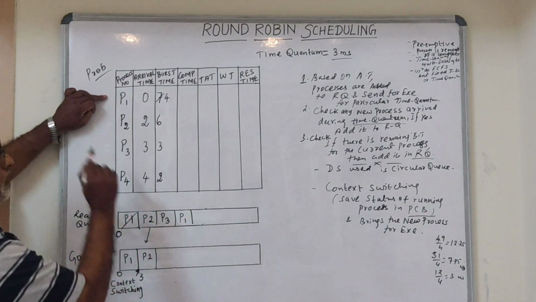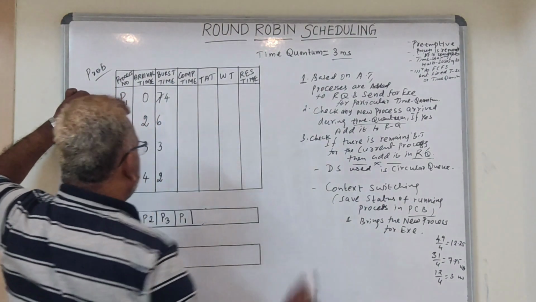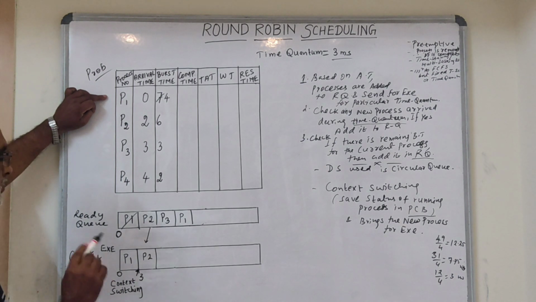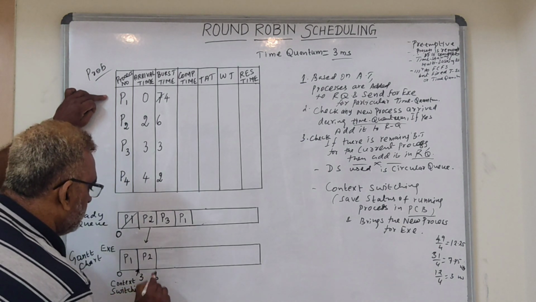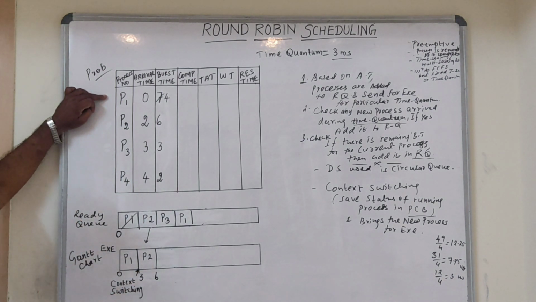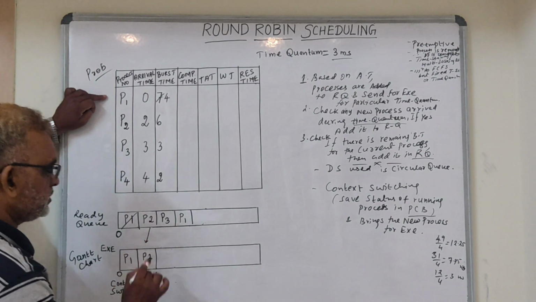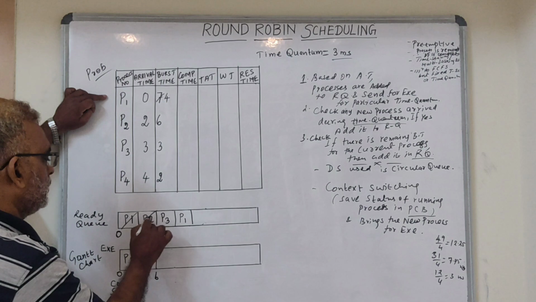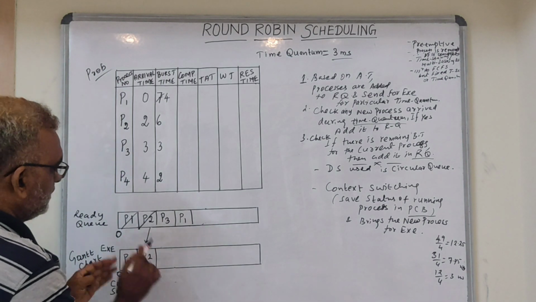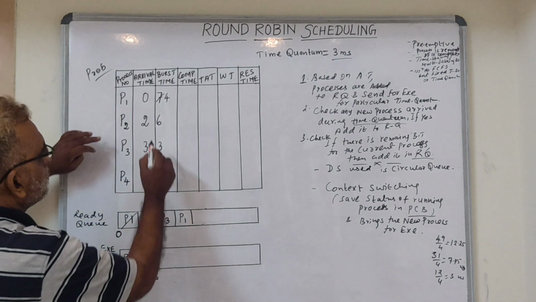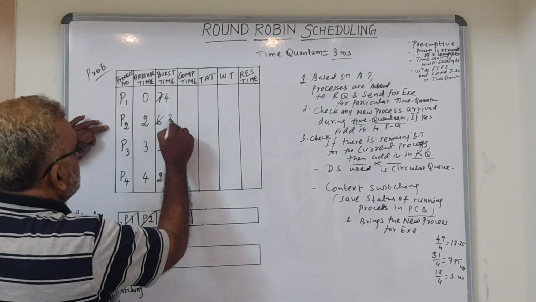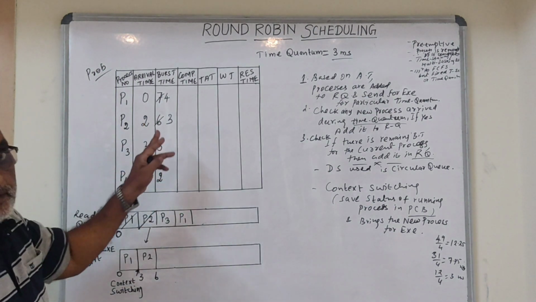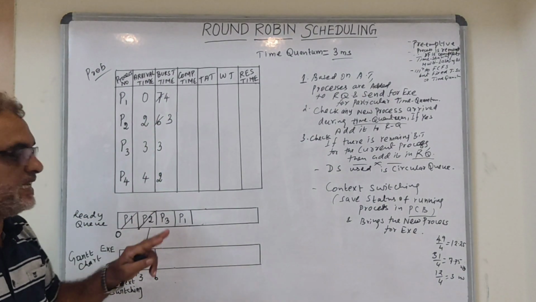Now P2 is under execution. Again for P2, only 3 milliseconds of time will be provided. At the 6th millisecond, P2 has also completed 3 milliseconds, so it again has remaining time of 3 milliseconds.